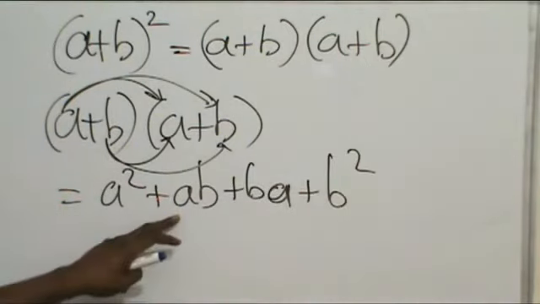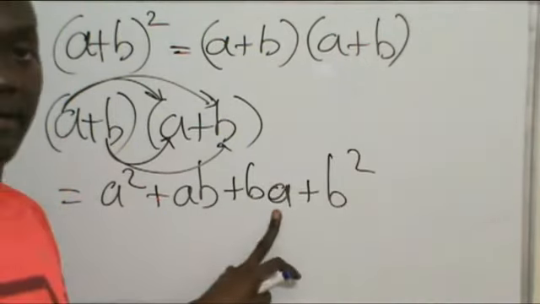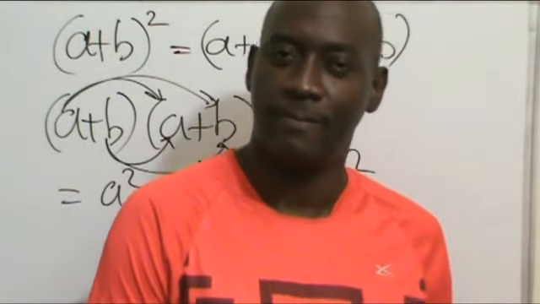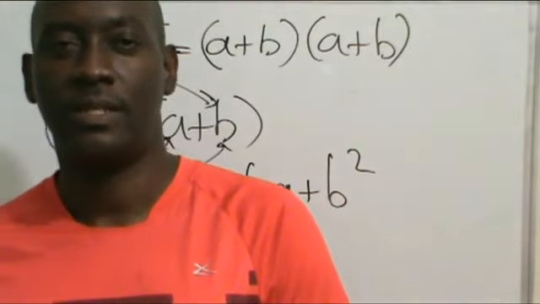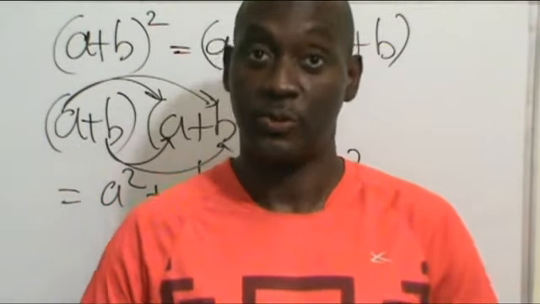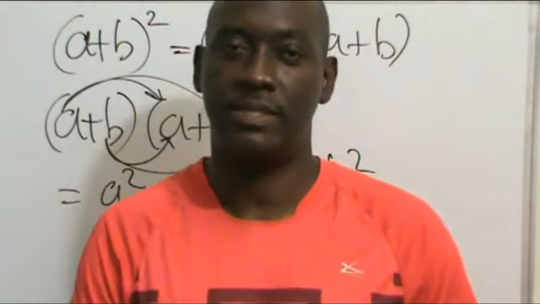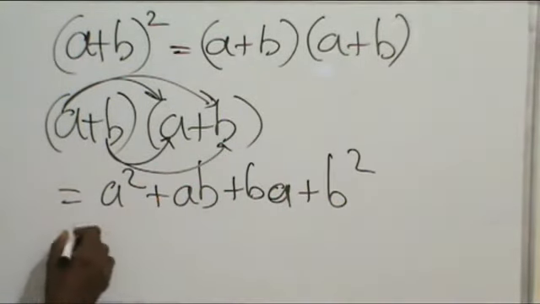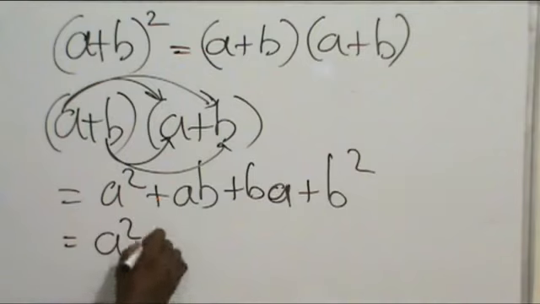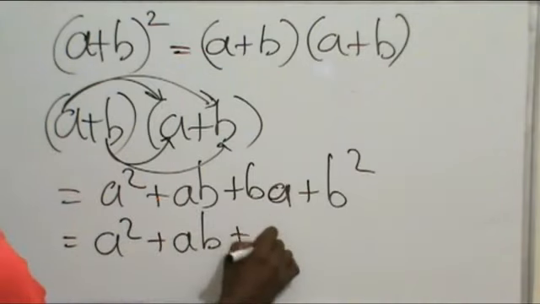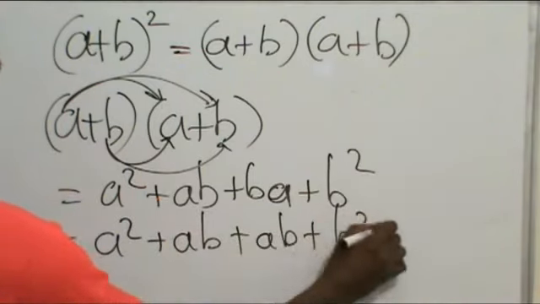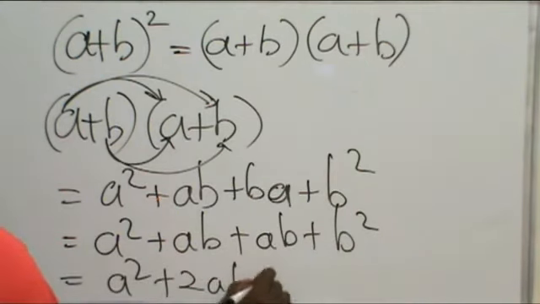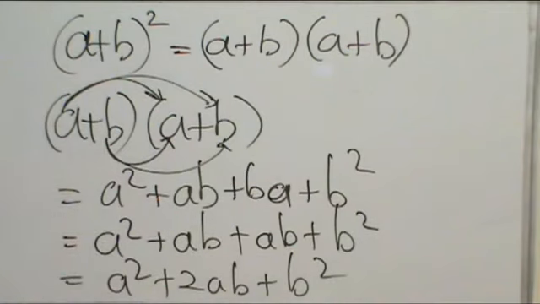Now a by b is the same thing as b by a. 2 by 3 is 6, 3 by 2 is 6. 4 by 5 is 20, 5 by 4 is 20. So in general, ab is the same thing as ba. So if ab is the same as ba, we can write this over as a squared plus ab plus ab plus b squared, which is equal to a squared plus 2ab plus b squared.